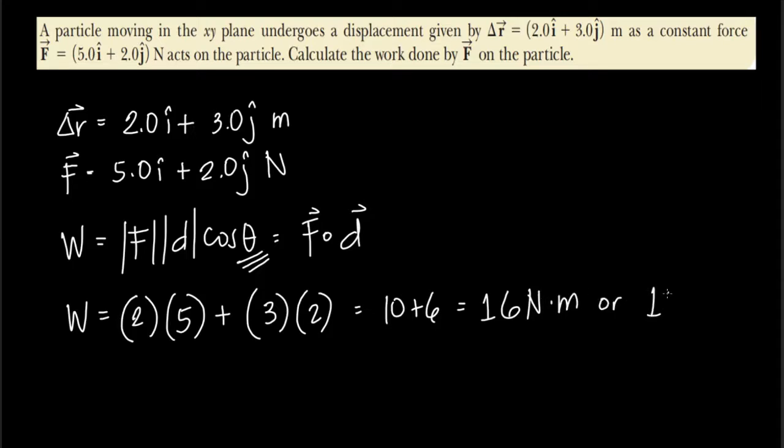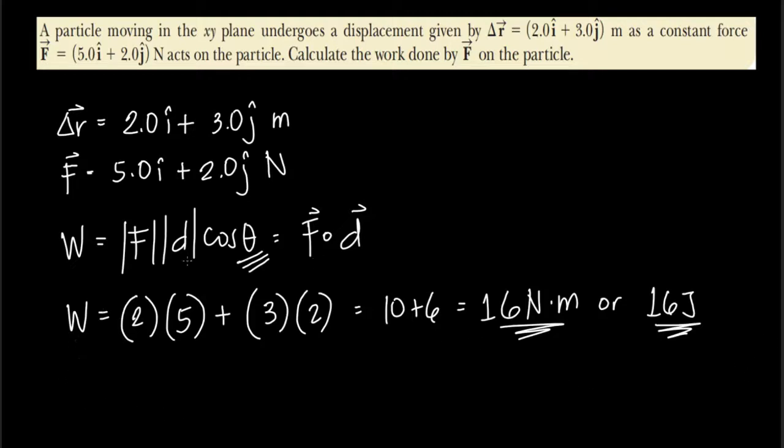Or 16 joules. So, either of them are correct answers. That is the work done by the force on the particle. Okay. It's not in the word problem, but what if the question is, what is the theta, or the angle between the force and the distance? You can still solve for that. So, let's do that.